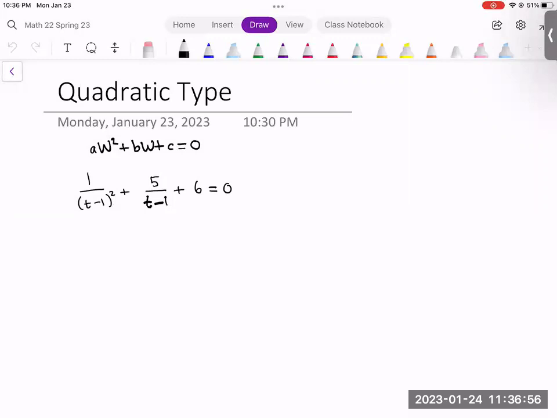So in this first example, it looks like we have 1 over t minus 1 squared plus 5 over t minus 1 plus 6 equals 0. And notice that this first term we can think of as 1 over t minus 1 squared plus 5 times 1 over t minus 1 plus 6 equals 0.